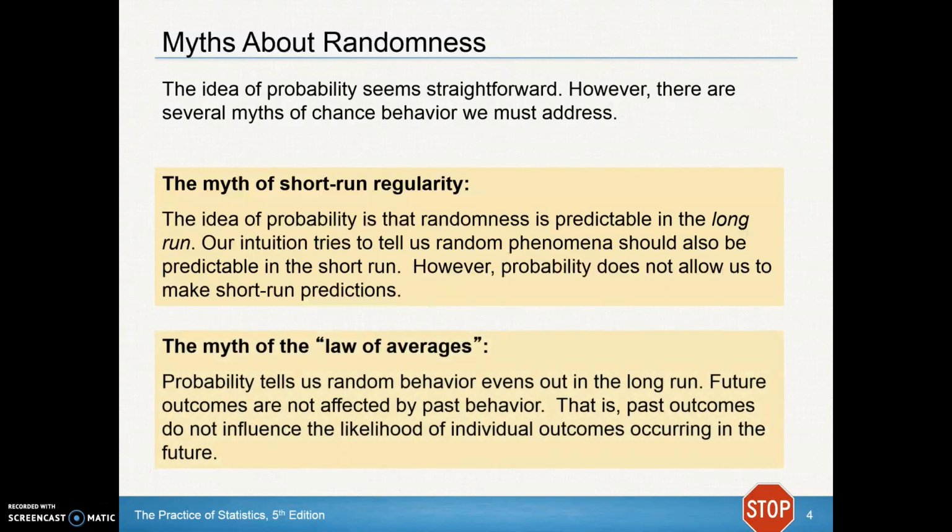And then there's the myth of the law of averages. Probability tells us random behavior evens out in the long run. Future outcomes are not affected by past behavior. That is, past outcomes do not influence the likelihood of individual outcomes occurring in the future.